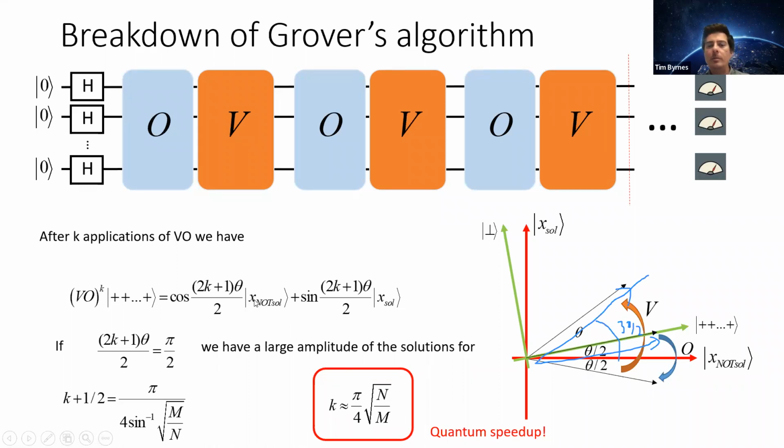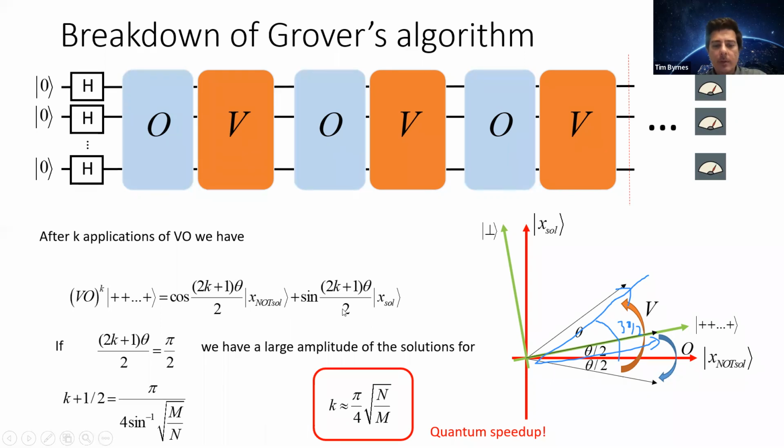And basically what we want to do is, as I said, get this state to be pointing along this vertical direction. So what we want is this thing to be 1 and this thing to be 0, because then we'll have the maximum amount in the solution states and the minimum amount in the non-solution states.